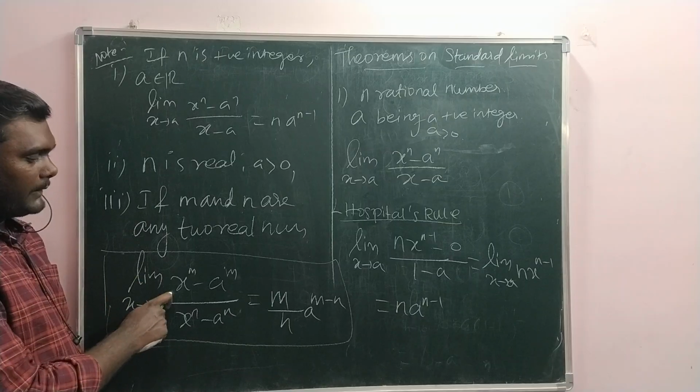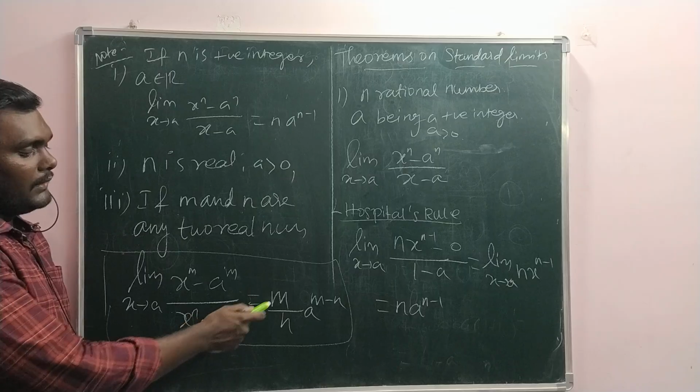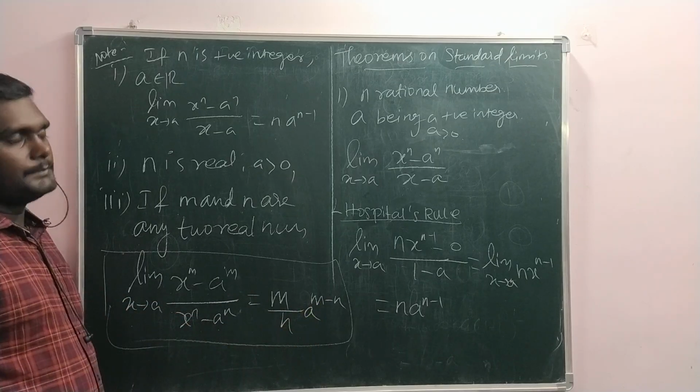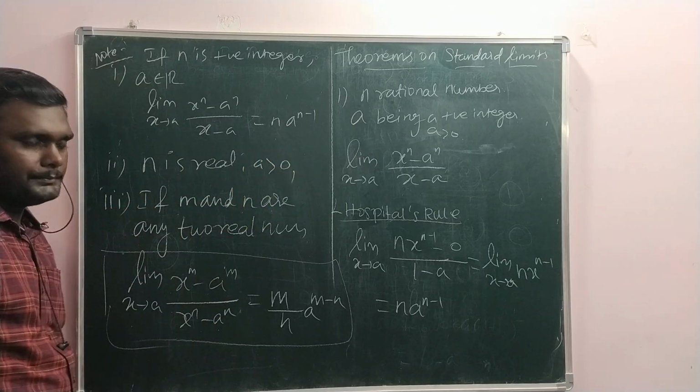Then limit x tends to a, (x^m - a^m) / (x^n - a^n) equals (m/n) a^(m-n). There also the same result applies.